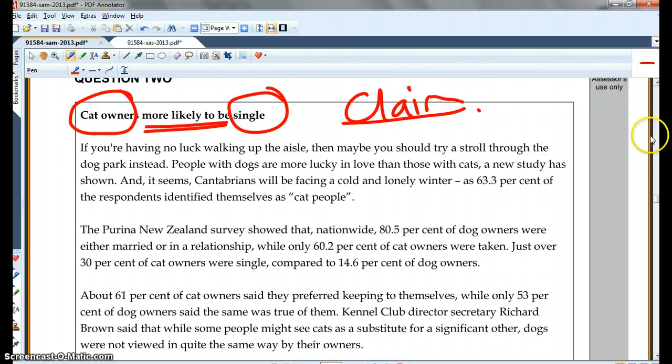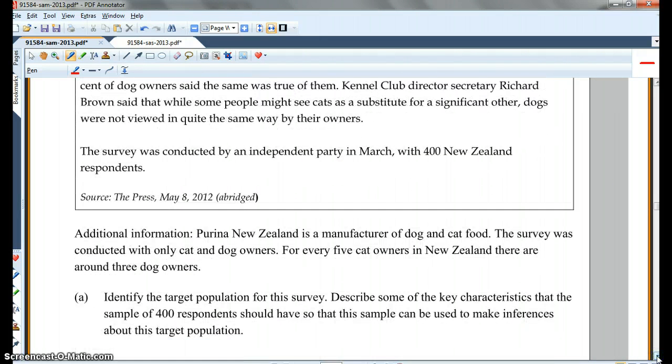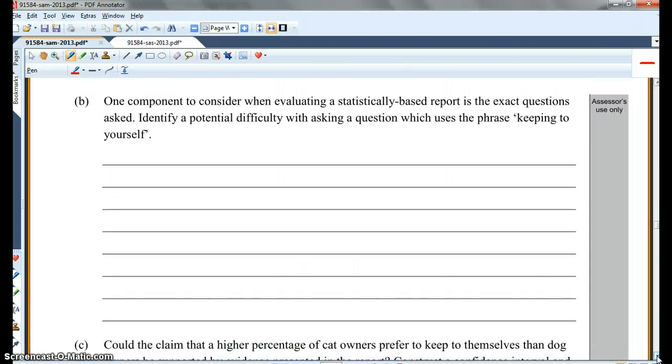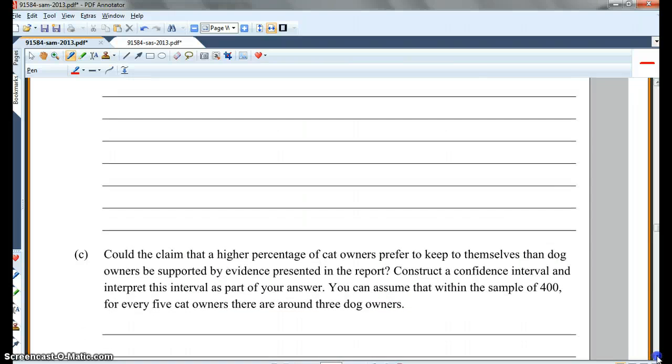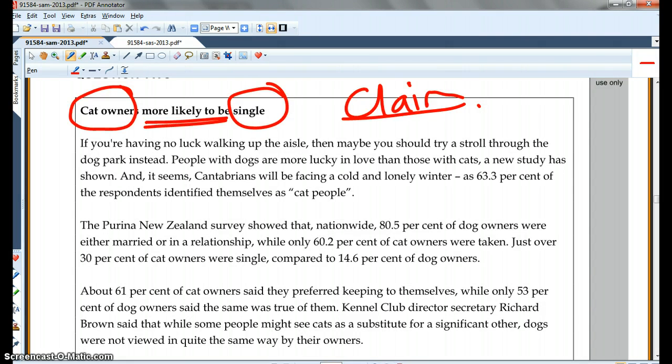Now if we go down, let's just check if they ask you what's the explanatory and what's the response. Maybe not. Confidence intervals and everything. No, in this one they don't.